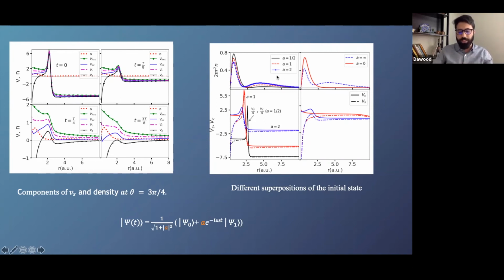As the fraction of the excited state is increased, the steps decrease in magnitude but spread over a larger region. And when you go all the way to A equal to infinity, it would be a totally excited state, and so it has to reproduce the structure in the density at all times.